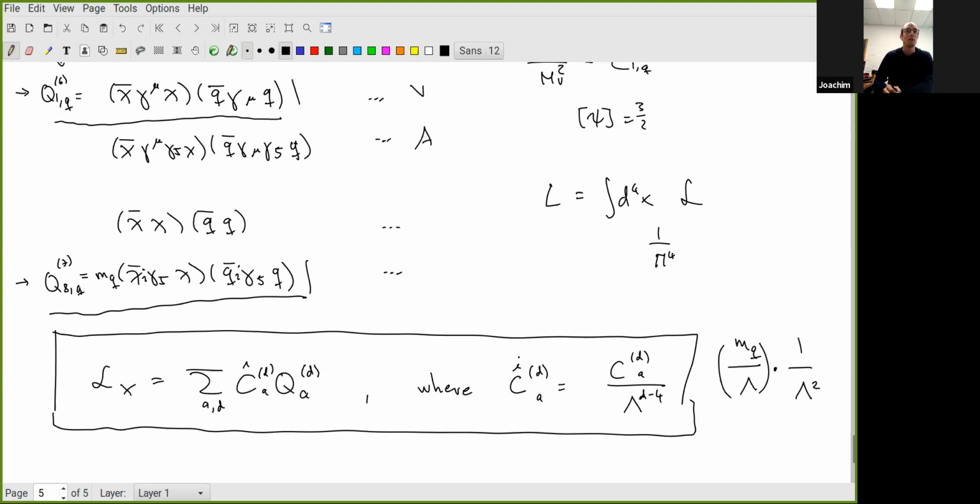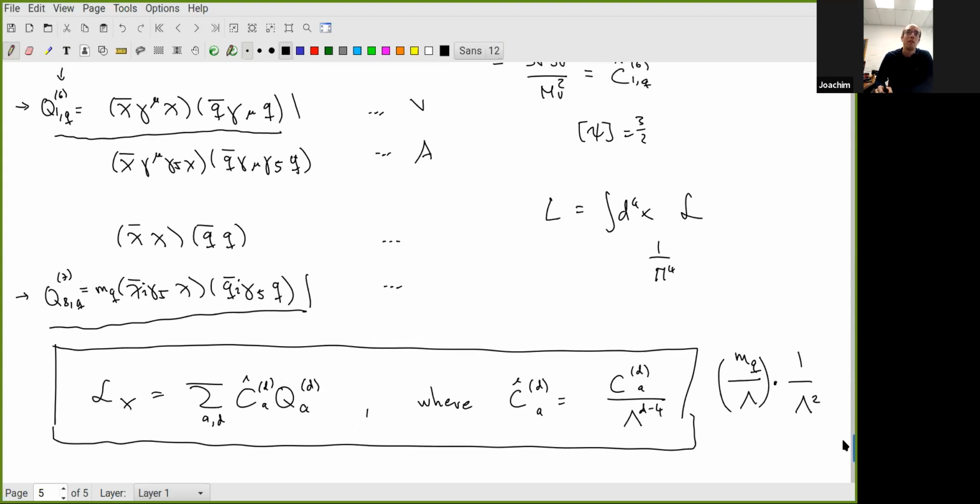Are there any questions? Yes, sorry, I have a question. So this capital lambda that appears in the coefficients of the general expression, is it always related to the mass of the mediator, or is it something more general? Yeah, roughly speaking, yes.